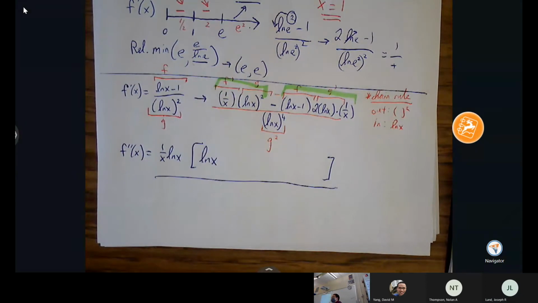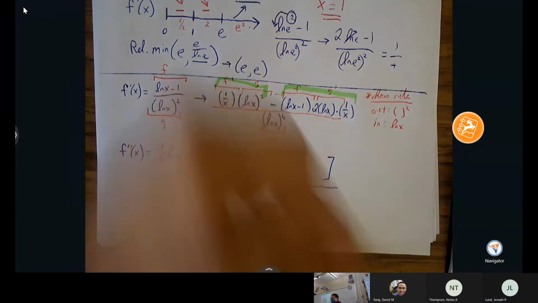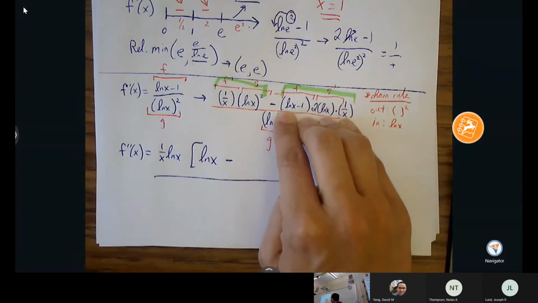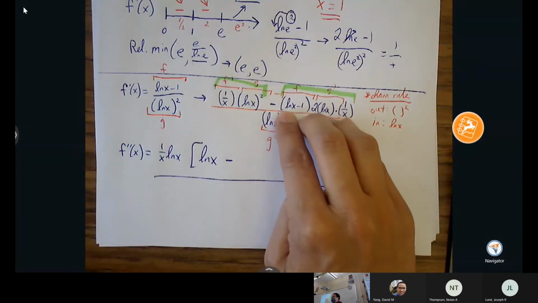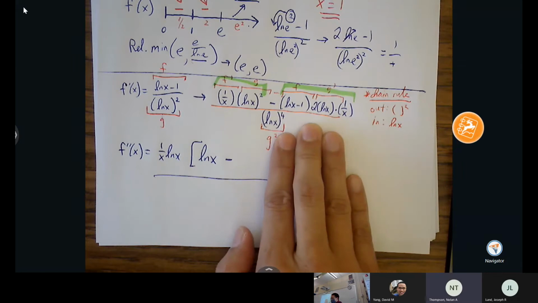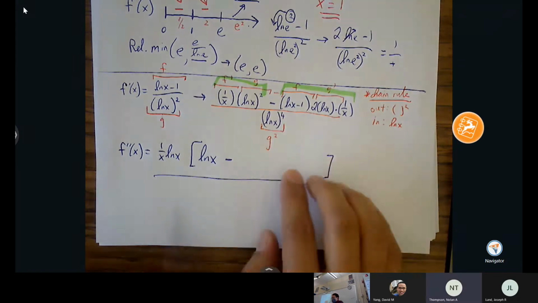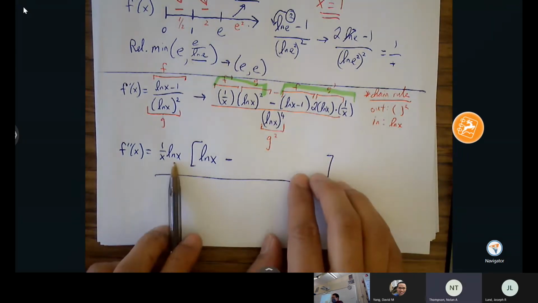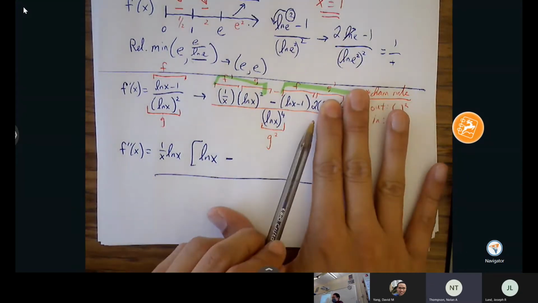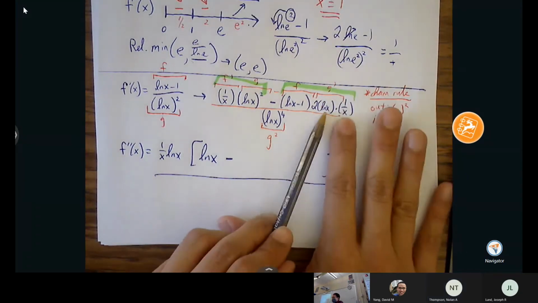Does that make sense, Thomas? Okay, so what about here? If I take 1 over x and natural log of x out, what am I left with? I'm going to remove a 1 over x and natural log of x. 2 times ln x minus 1. So this is out, this is gone.